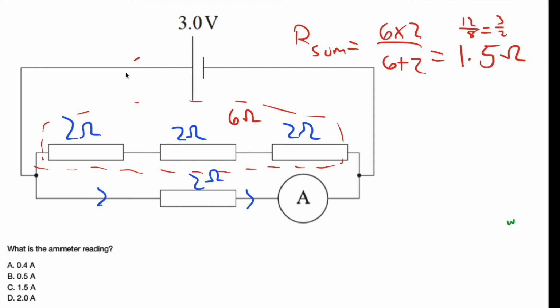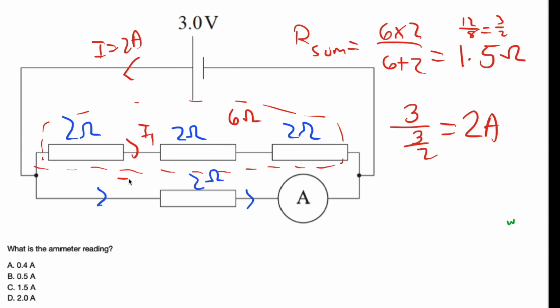Now you can calculate the current flowing from the positive terminal. It's going to be equal to 3 over 1.5, which is equal to 2 ampere. And because branches in parallel have the same voltage, let's call them I1 and I2.